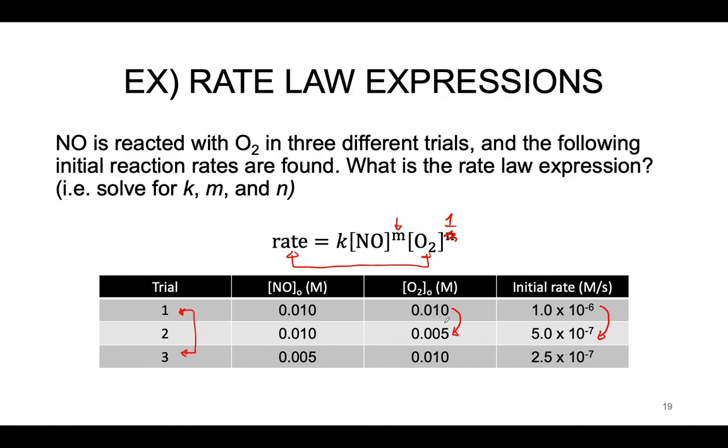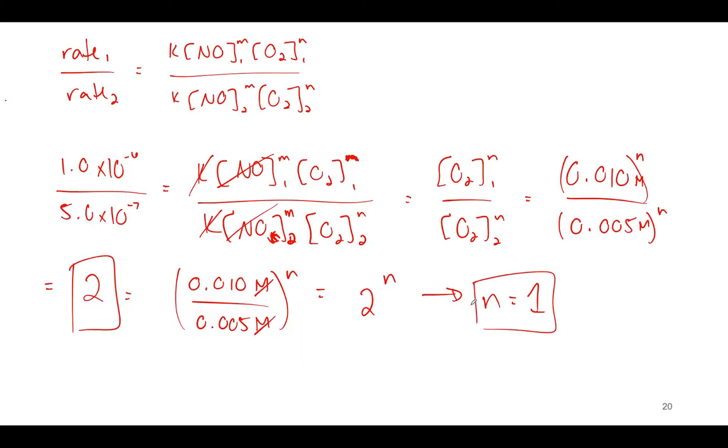Since between trials 1 and 3, our oxygen is being held constant, we can use the exact same trick that we just saw when solving for n. If we're holding one of our reactants constant, in working through the math here, it's going to cancel out and allow us to more directly find the exponent we're trying to observe.